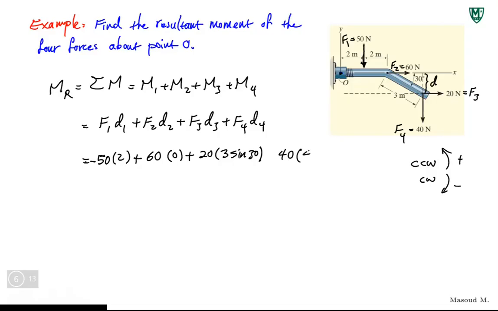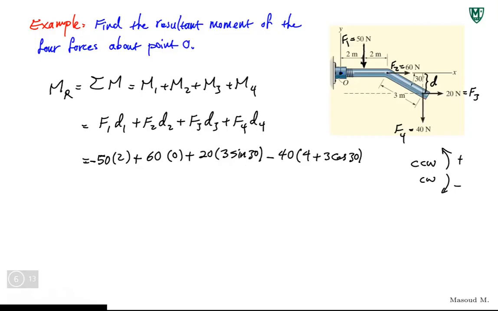So 4 plus 3 cosine 30. Now, what is the sign for that? Sign is negative, right? Downward, palm of my hand towards point O, make a fist, makes it clockwise. Clockwise, so that's negative.